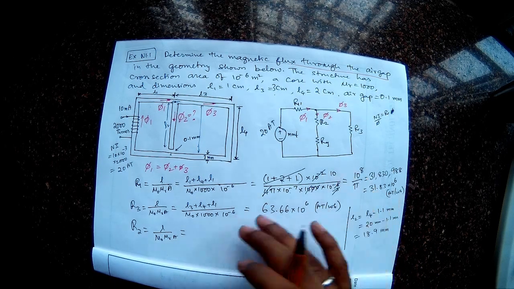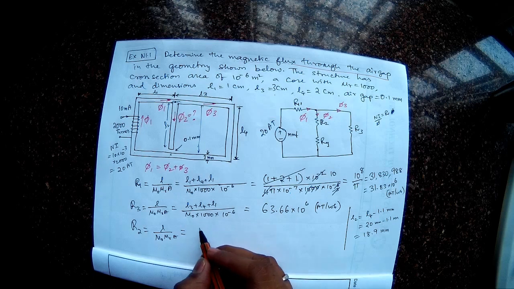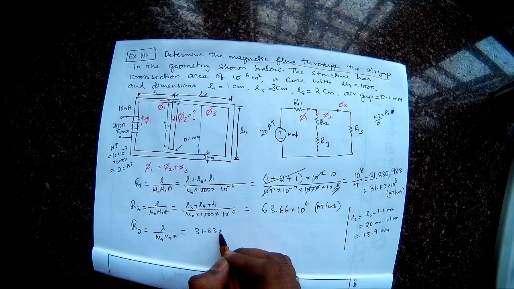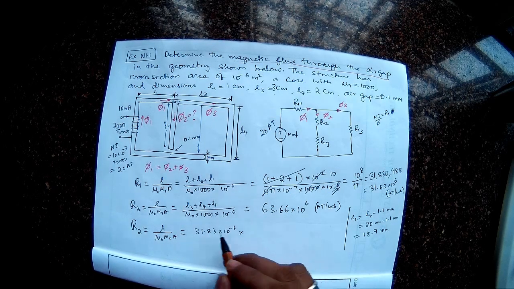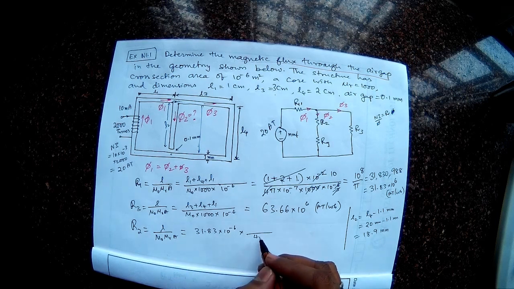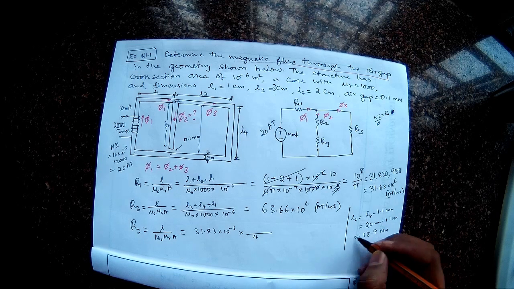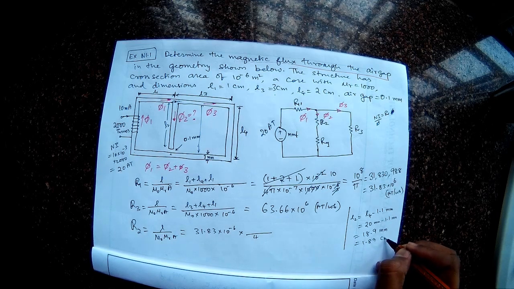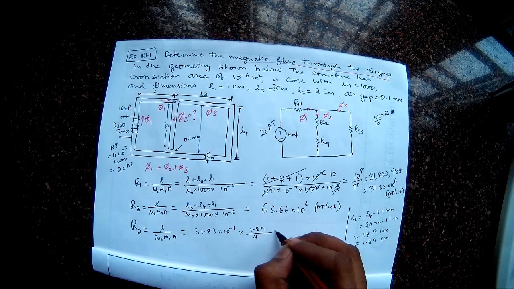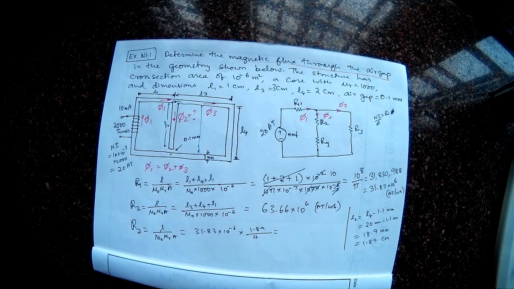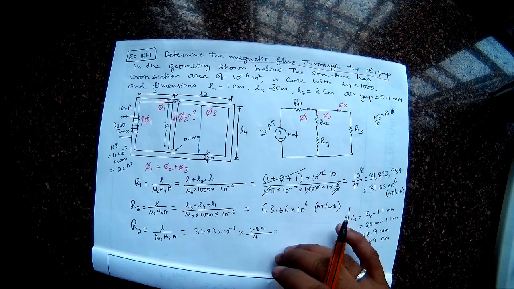So again, using the proportionality, I can just take this 31.83 into 10 power minus 6, and this was for the length of 40 mm or 4 centimeters. Okay. And whereas this is nothing but 1.89 centimeters. Okay, 1.89. So just by using this fraction, I'll calculate the length. I hope you are following this.